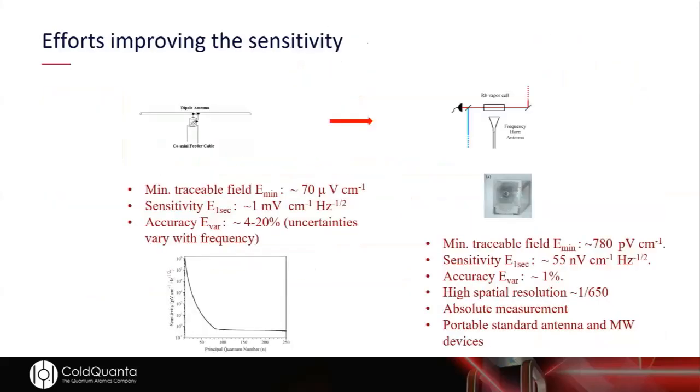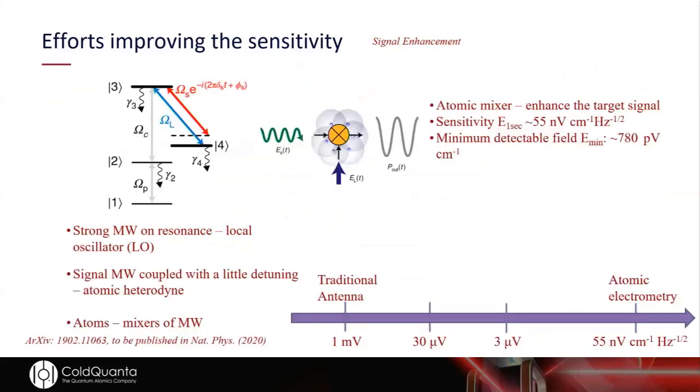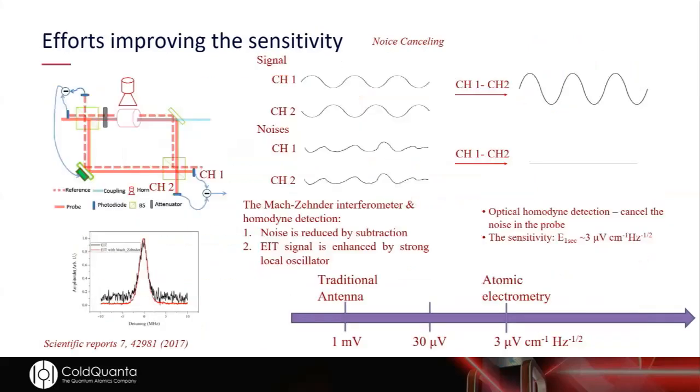Actually, in our experiment, we have a very narrow bandwidth, just several megahertz. So the bandwidth is quite narrow. It will have noise rejection with this nature. And for phase noise, we could use other methods to actually cancel it.